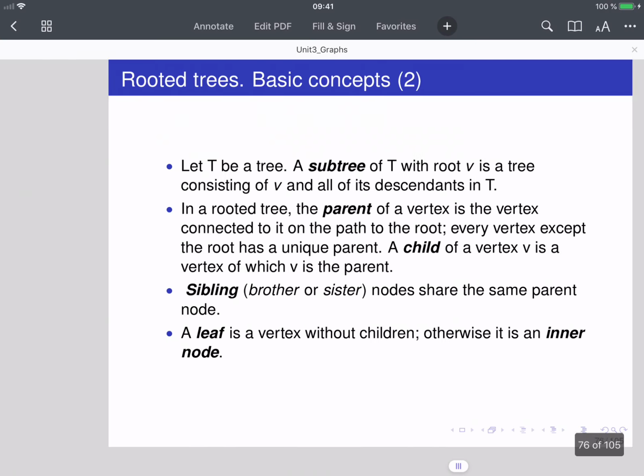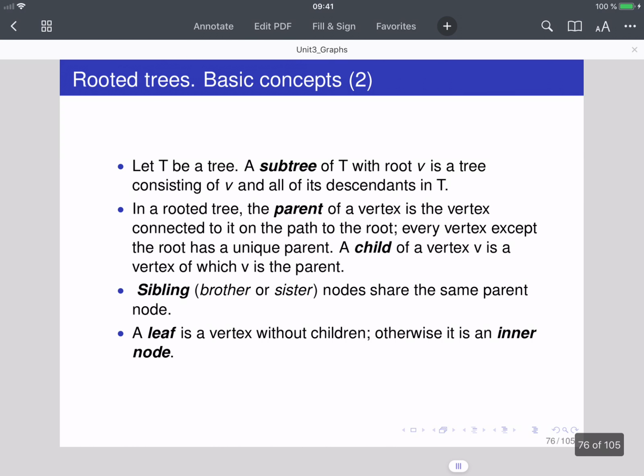We also say that a part of a tree is a subtree if we take an element, which is now the root of that subtree, and all the descendants of that element. So that is a subtree, an element with all the elements that are hanging from it. And of course we have ancestors, we have descendants, so we can talk about parents.